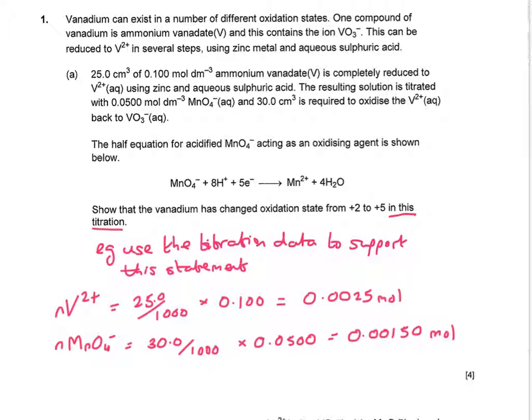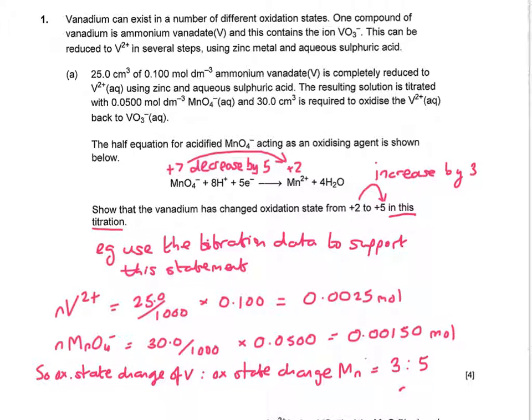So what we've got to now do is use the oxidation number changes to support the change in oxidation state. The manganese in MnO4- has changed from +7 to +2 in Mn2+, so it's a decrease by 5. At the same time, the vanadium, like the question tells us, has increased by 3.